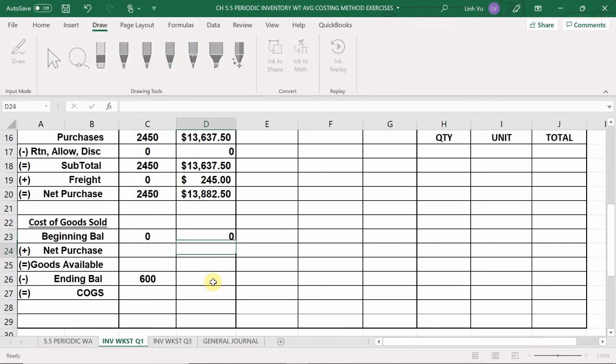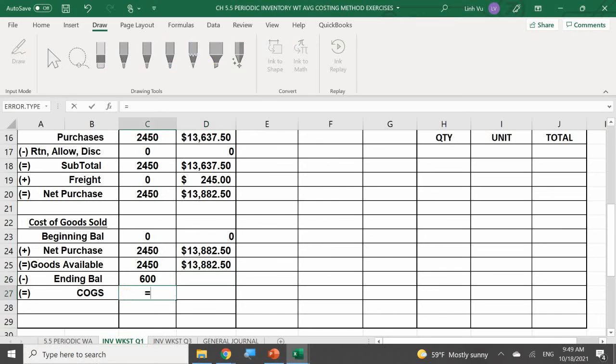Okay, and because we have no beginning inventory, we're going to carry our numbers down from our net purchases. Our assumption here is that our net purchases become our goods available. So if I have 600 units left on hand, how many items did I sell? 1,850.